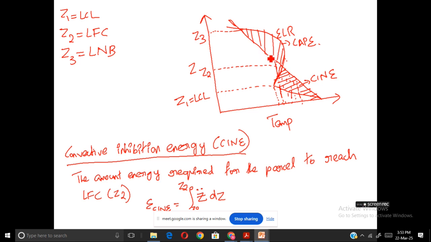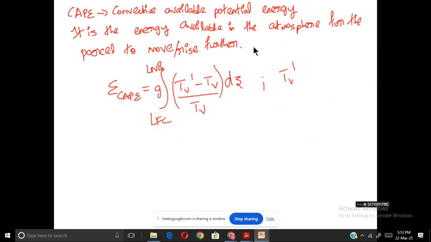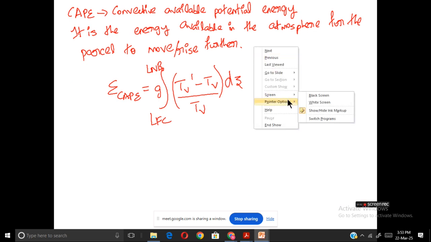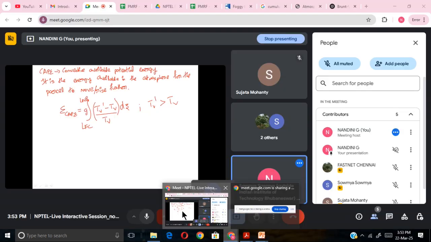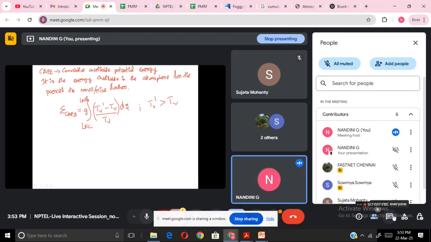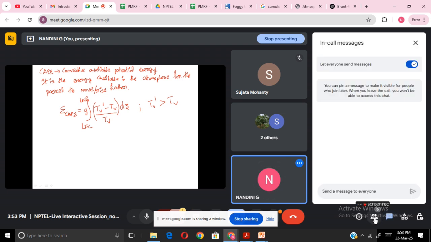As we go up again, this is environment, this is parcel. Till LNB, it is always greater than the temperature of the environment. So Tv dash is always greater than the temperature of the environment.